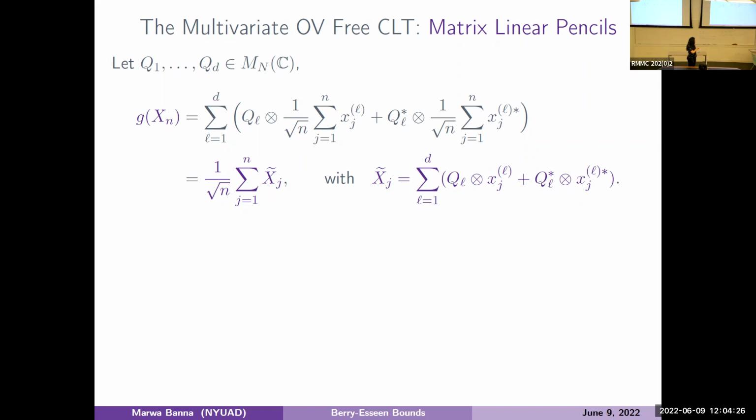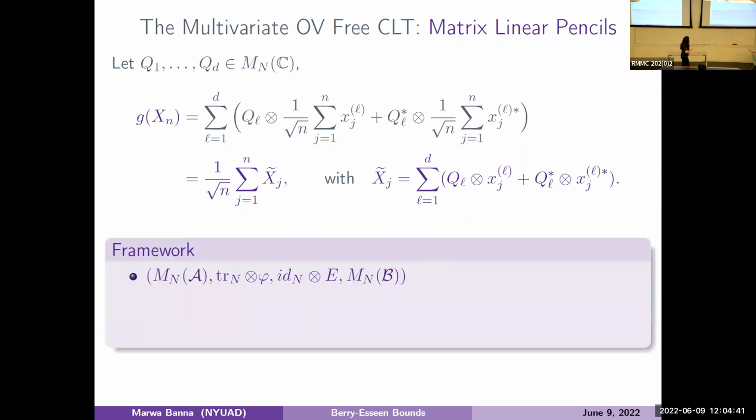However, when we change the index j, then they are freely independent with amalgamation. So again, we write this G of Xn as the sum of freely independent elements with amalgamation, but this time with respect to the identity tensor E.